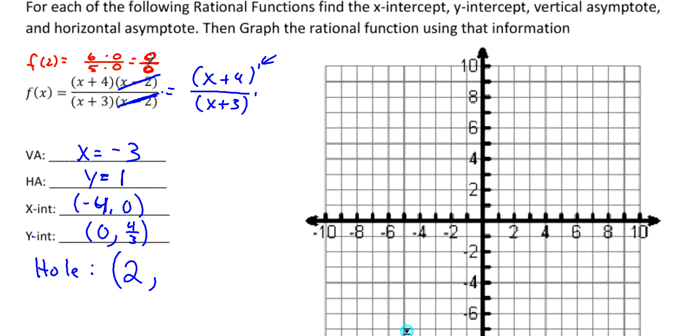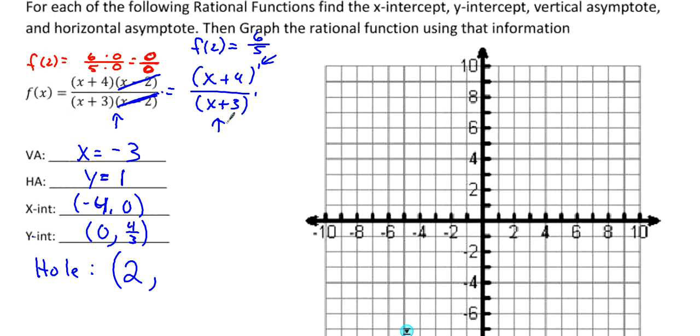Now, in the blue one, if I plug in f at 2, I'm going to get 6 over 5, and I don't get that 0 over 0. The only difference between this one and this one is the x minus 2 in the top and the bottom.